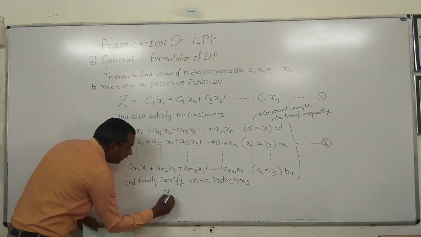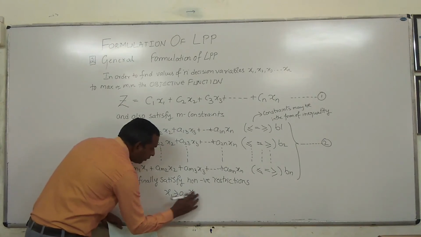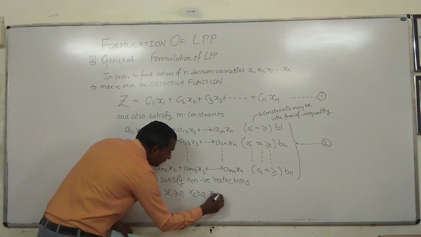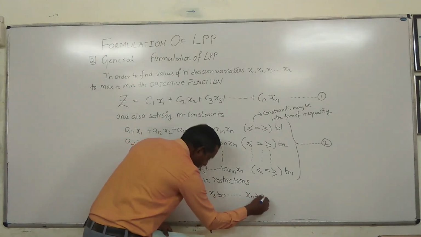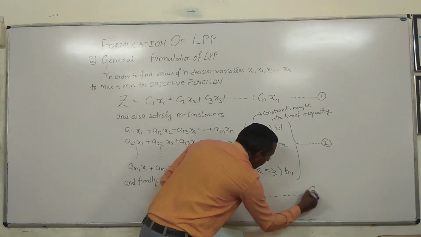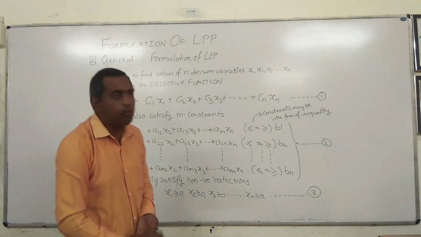Non-negative restrictions, that is x1 is greater than or equal to 0, x2 is greater than or equal to 0. In the same way, x3 is greater than or equal to 0, and so on. Xn is greater than or equal to 0. This is equation number 3.